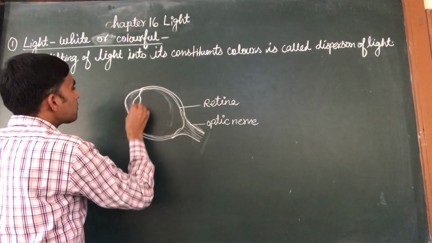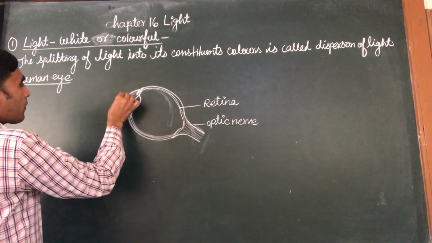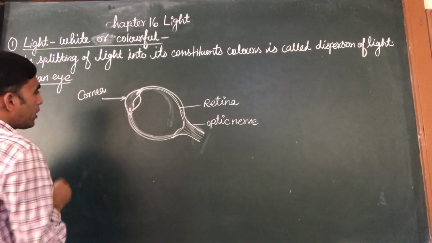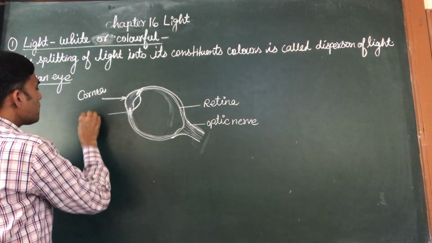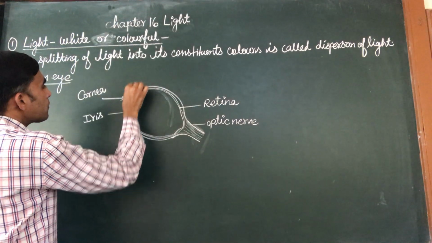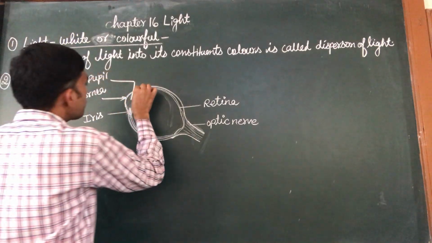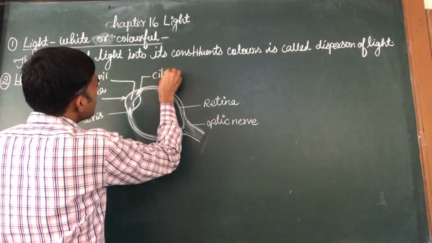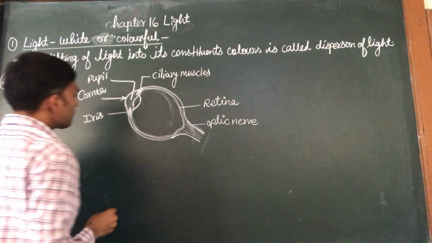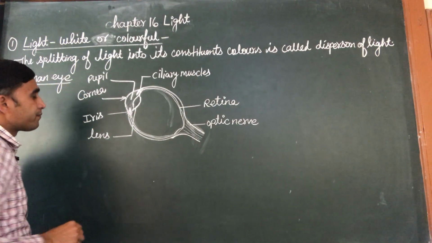This is the eye lens. This is the cornea. This is the iris, and this one is the pupil. Ciliary muscles. Lens.